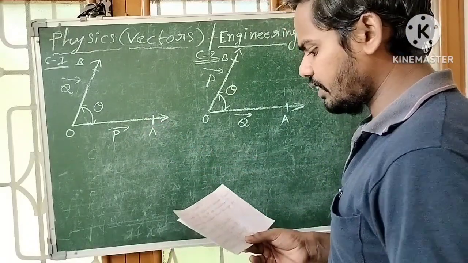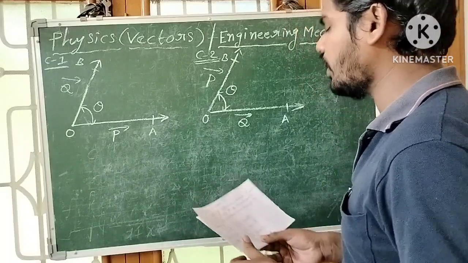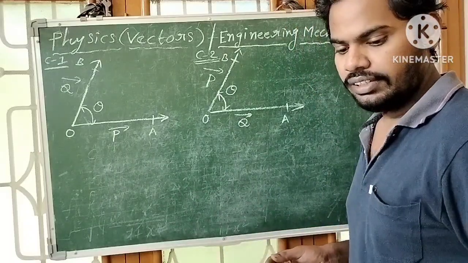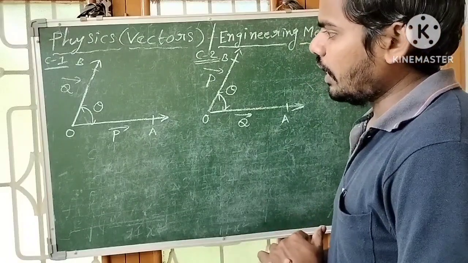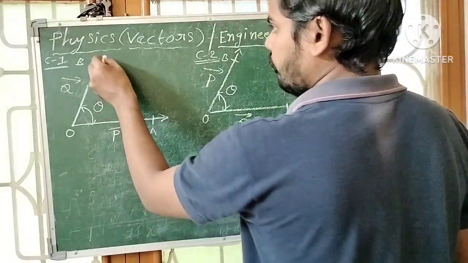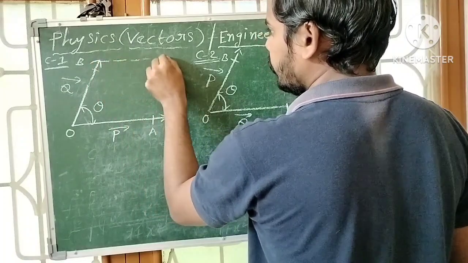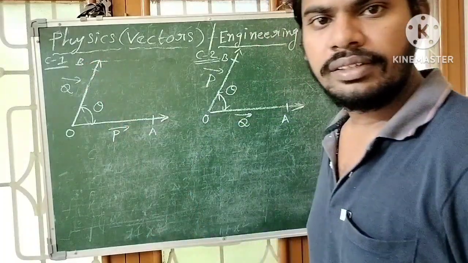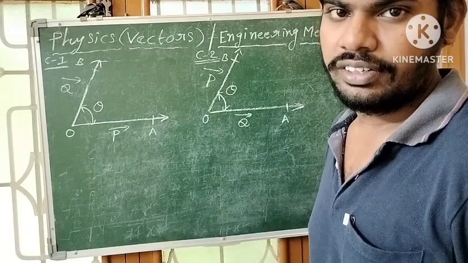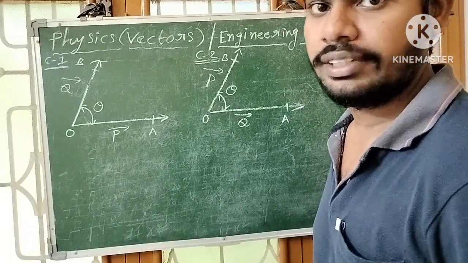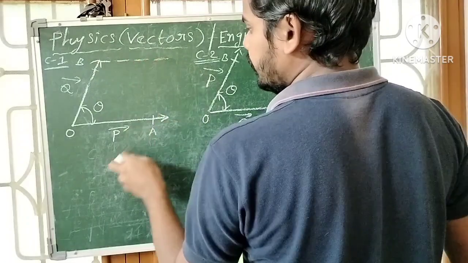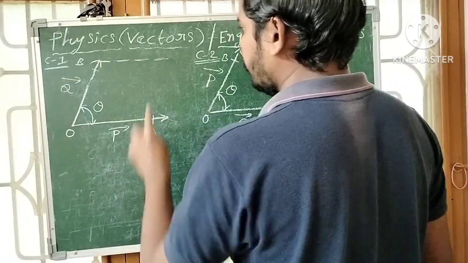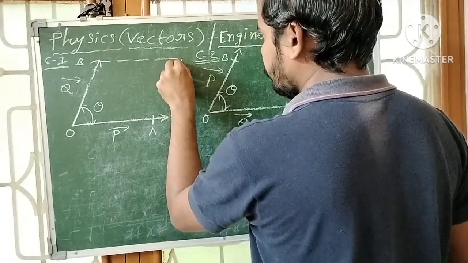But after interchanging the position, the resultant turns through an angle phi. Here resultant turns through an angle phi. Before that, now construct a parallelogram. So here we have to apply parallelogram law of vectors or forces concept. So let us consider OA and OB are two adjacent sides of a parallelogram.